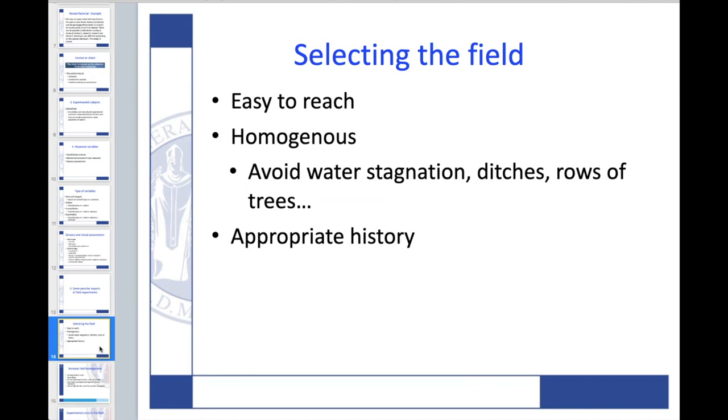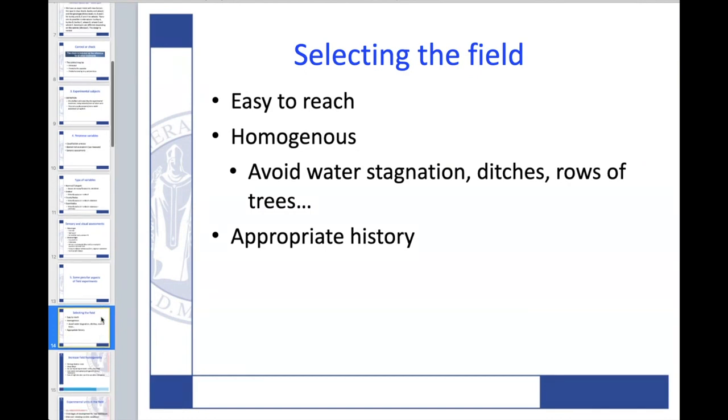And it must have also the appropriate history, because maybe we had a crop in the year before which left a lot of fertility, and that might not be good. Or we had a crop which left the soil with little fertility, and this is not good as well. So we need to have a field which is very homogeneous and with the appropriate history.